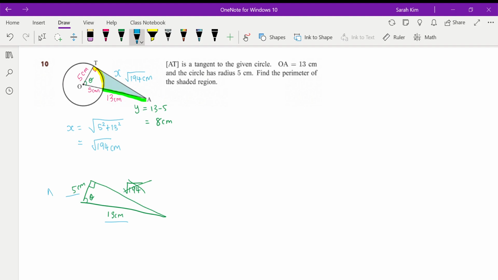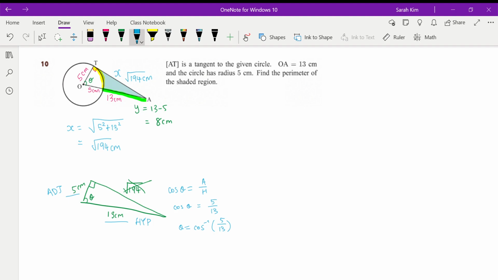So this is the adjacent side. This is the hypotenuse. So I need to use cos theta equals adjacent over hypotenuse. So cos theta equals 5 over 13. If I want to find theta, I just inverse the cos. Make sure your calculator's in degrees for this one, maybe?